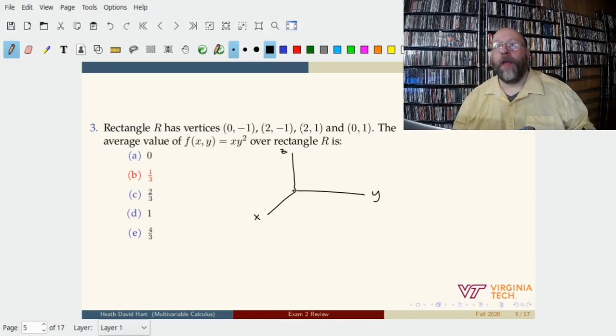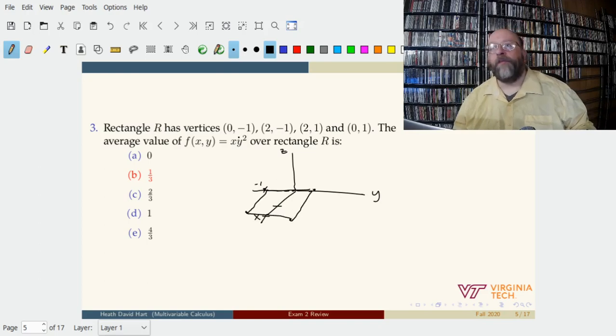All right, so that's 0 in the x direction, but negative 1 in the y direction. 2, negative 1. 2, positive 1, and 0, positive 1. So there's our rectangle.